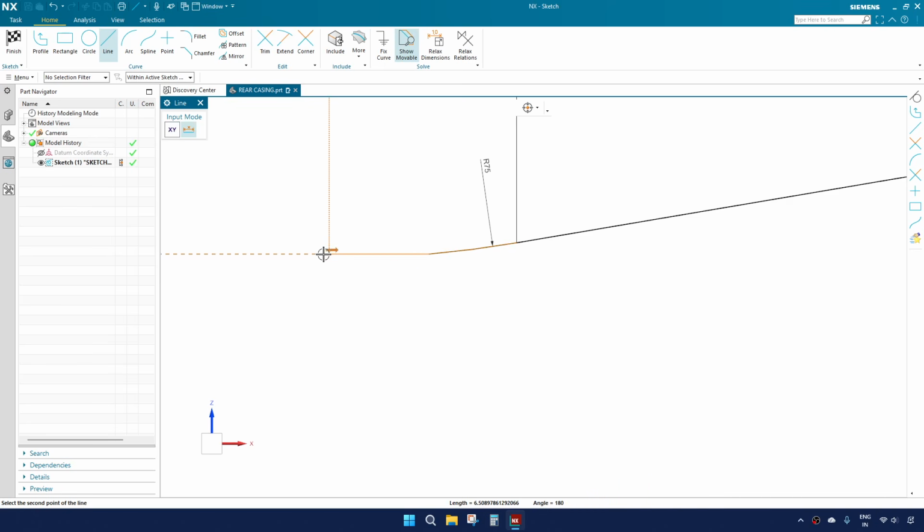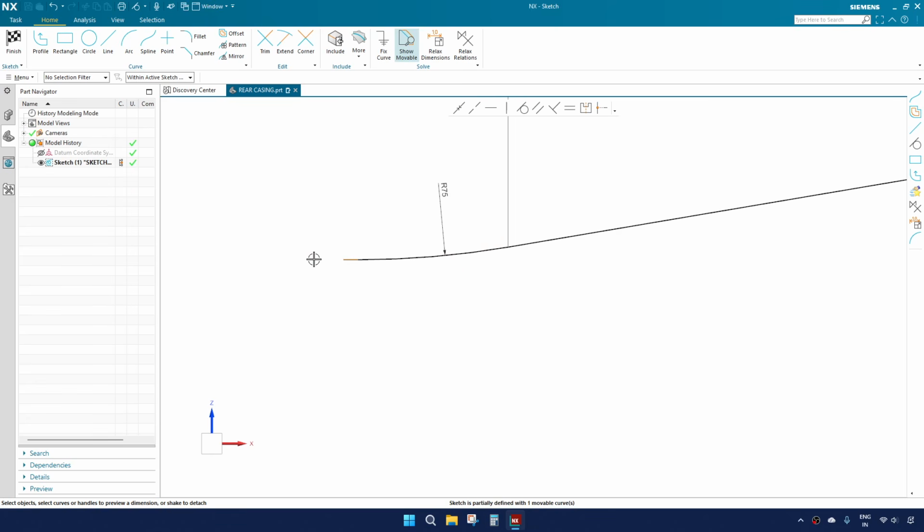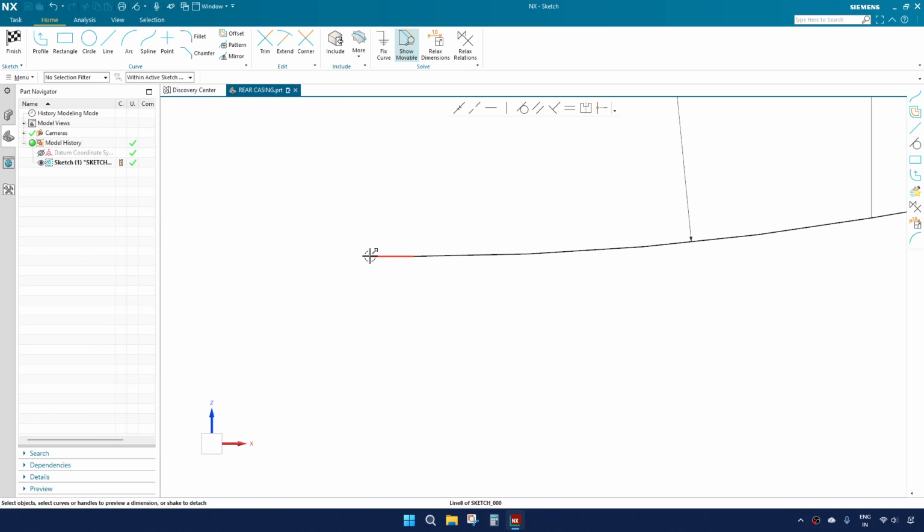Draw one more horizontal line. Make these two tangential. Okay. The dimension of this line is 33.5.